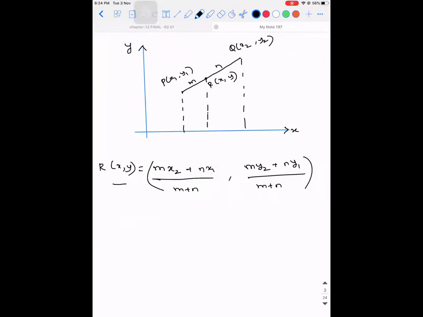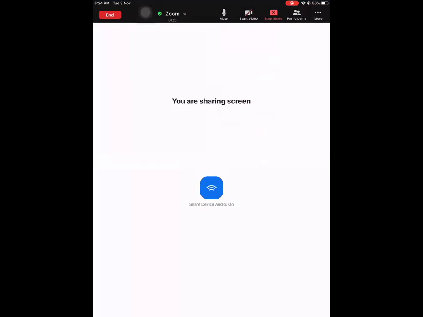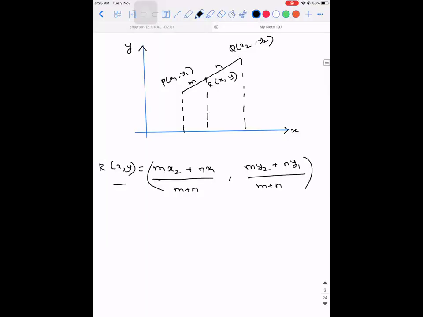Listen. There are a few topics in maths that can be related: coordinate geometry and trigonometry. You can always relate them and study. When I say coordinate geometry can be related to trigonometry, what is the base of trigonometry? What do we need to define trigonometric ratios?